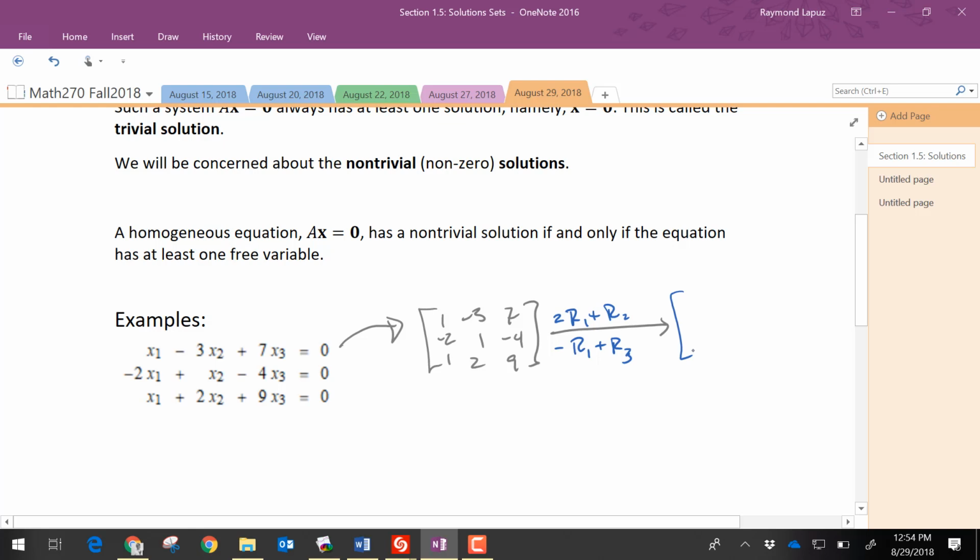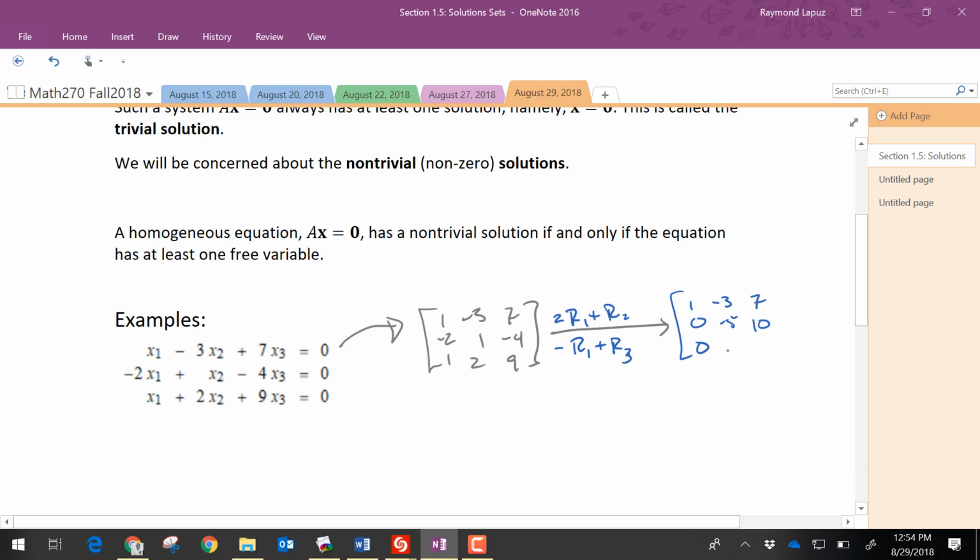So this is taking 2 steps, and the first row will remain the same, and then here's where we do the work to make things disappear. So 2 times -3 is -6. -6 plus 1 is -5. 2 times 7 is 14. 14 minus 4 is 10. And then for the next step, I'm multiplying this by negative.